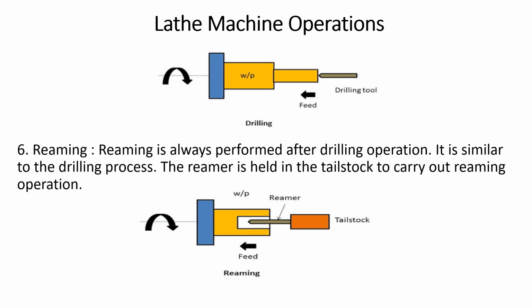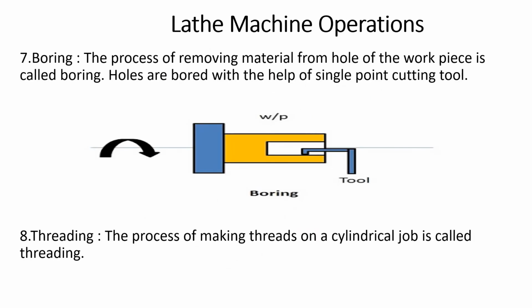Reaming is also similar to the drilling operation; in that, a reaming tool is used. Next, boring. Enlarging the hole is called the boring operation. It is also done by a drilling tool. Boring is the enlarging of a hole.